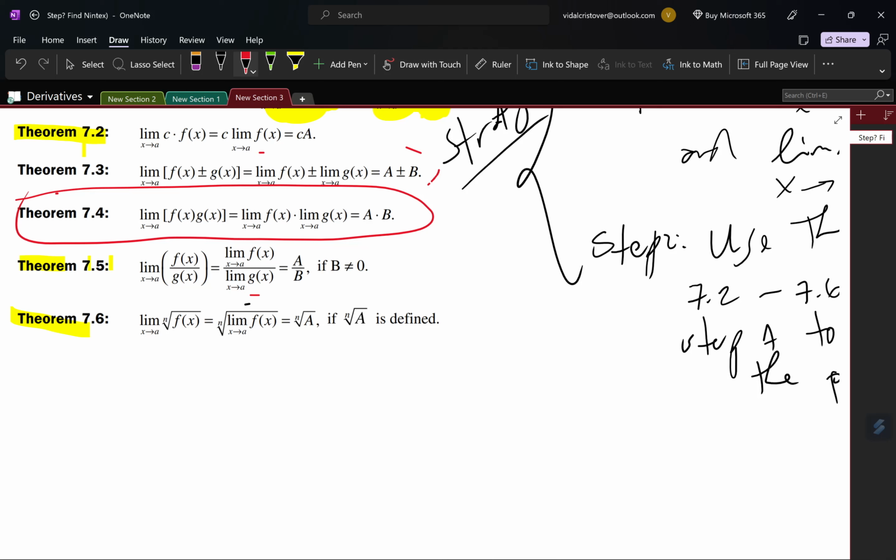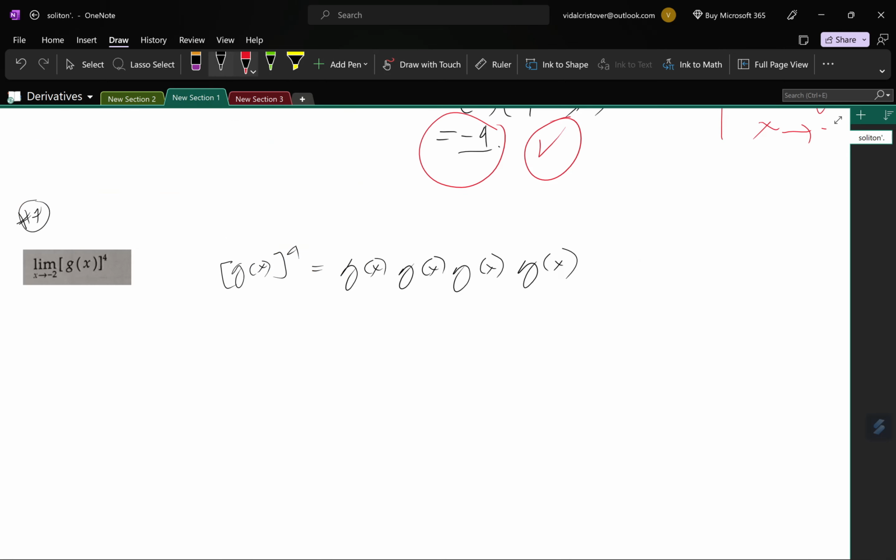So kining f of x diri pwede na ni puliha og g of x. So ang limit of g of x times g of x is just the same as the limit of g of x times the limit of g of x. So ang problema diri is duha lang siya ka function, while ang problem dinhi is upat ka buok.